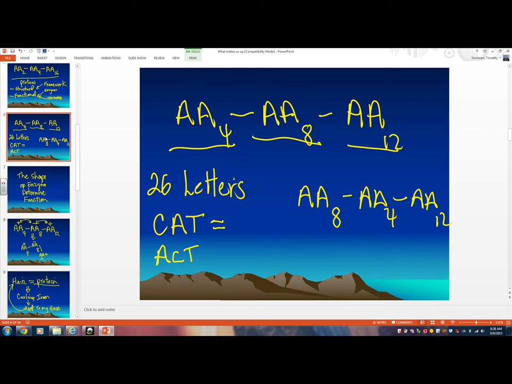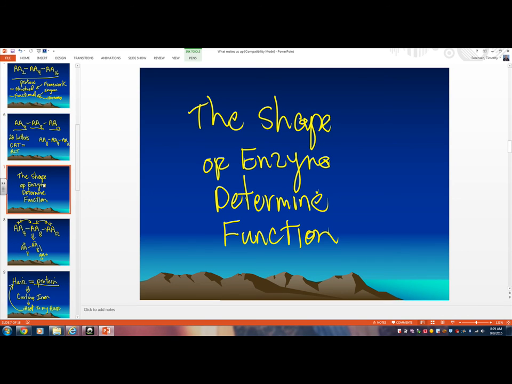So not only are the amino acids that are used to make the protein important, but so is the sequence in which those amino acids are chemically bonded together. Because if you alter the sequence, you will alter the shape of that protein. And if you alter the shape of the protein, it will not be able to perform its function because the shape of the enzyme determines its function.